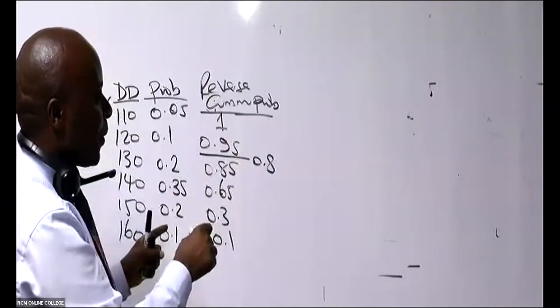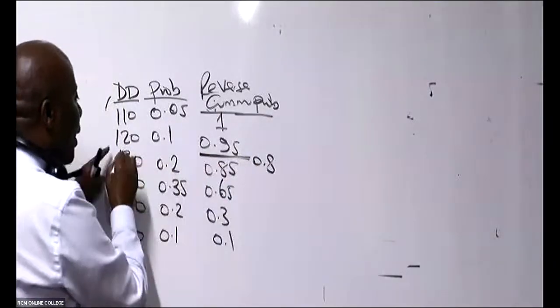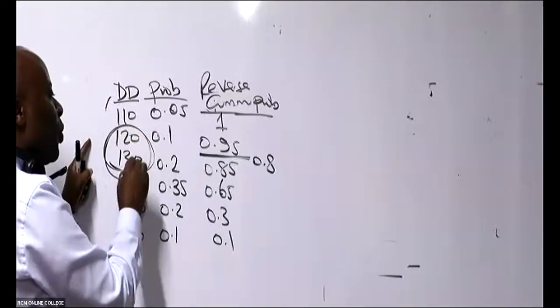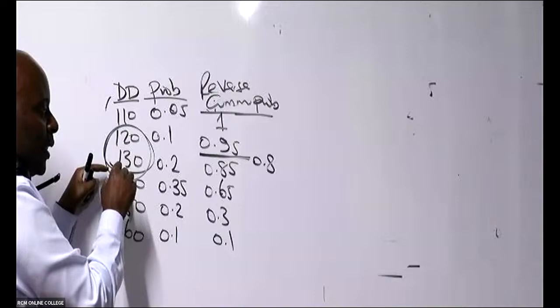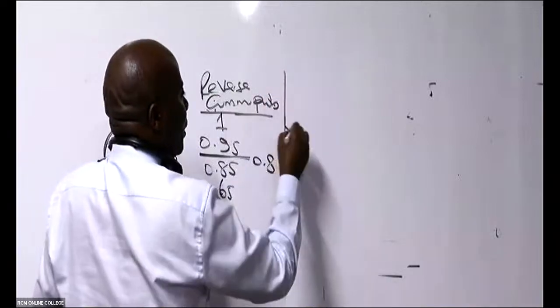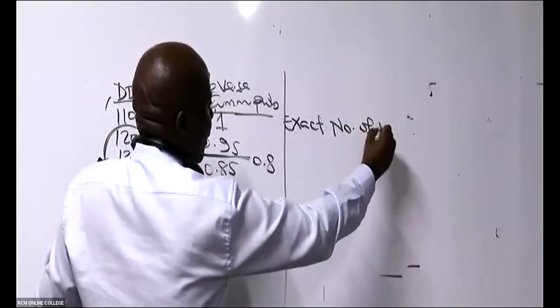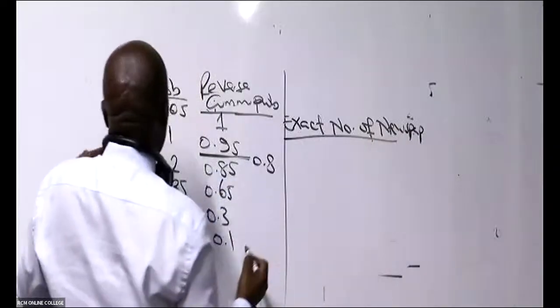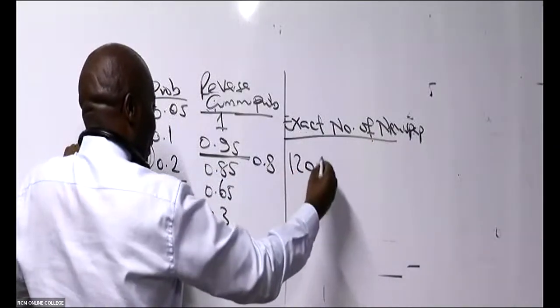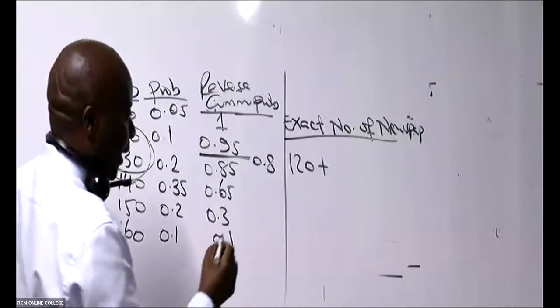Once in this case, you have known that your 0.8 is in between here. So you know that the newspapers to be procured are in between 120 and 130, isn't it? So how do we get the exact number of newspapers? We start with the smaller one always, plus the difference between the two numbers, 130 minus 120.